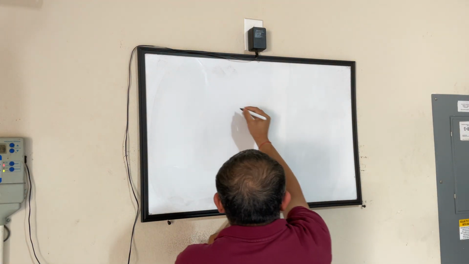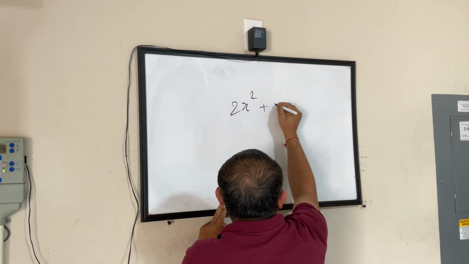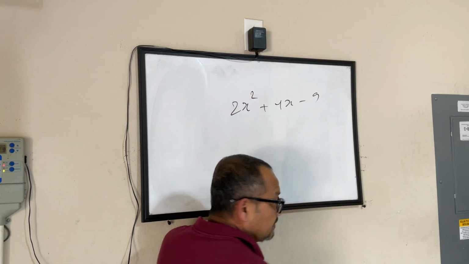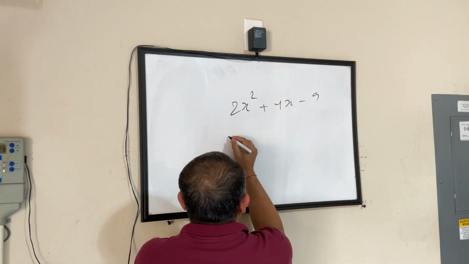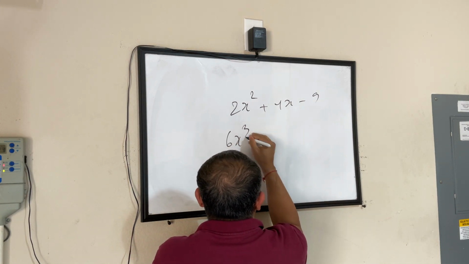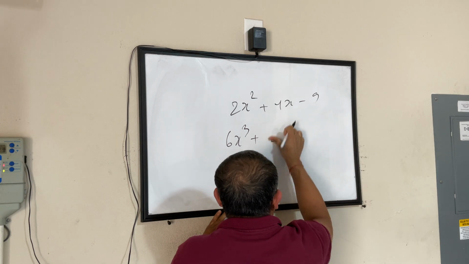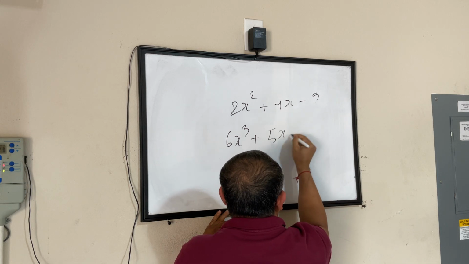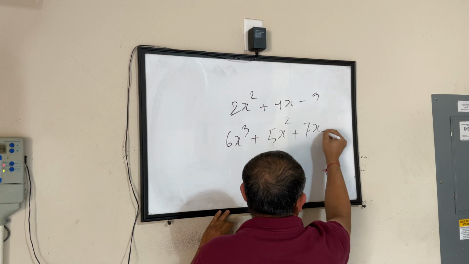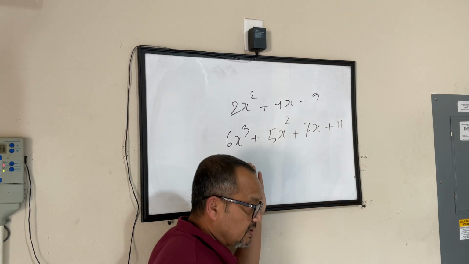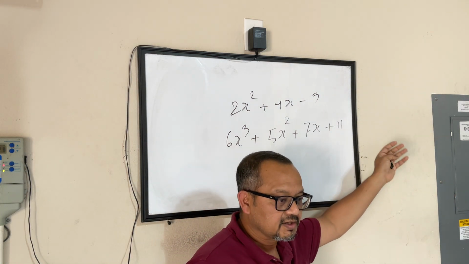So 2x squared plus 4x minus 9 is a polynomial. We have 3 terms. If I'm talking about 6x cubed plus 5x squared plus 7x plus 11, this is also a polynomial. We have 4 terms.